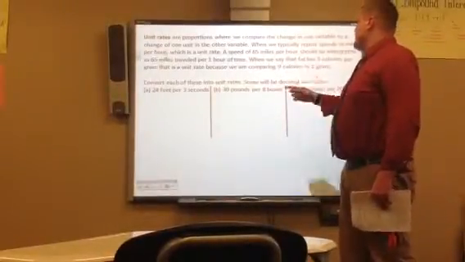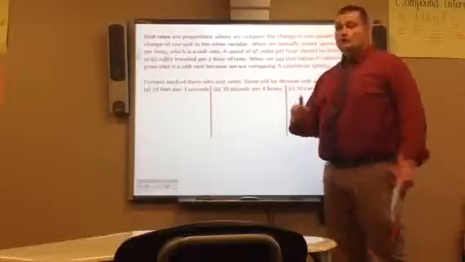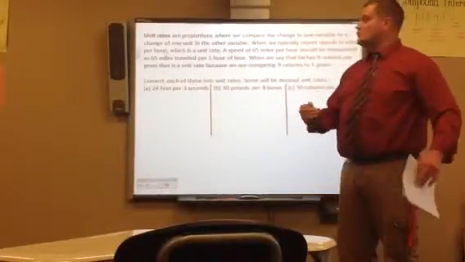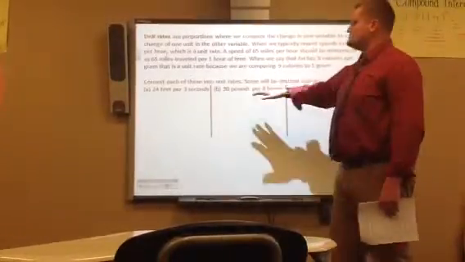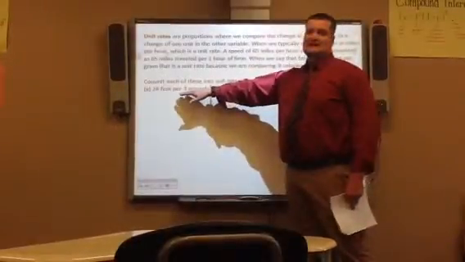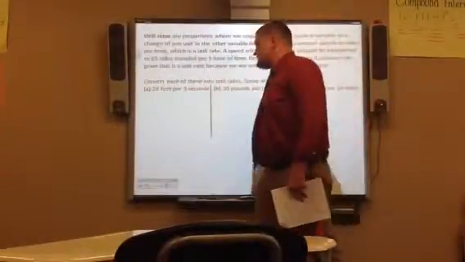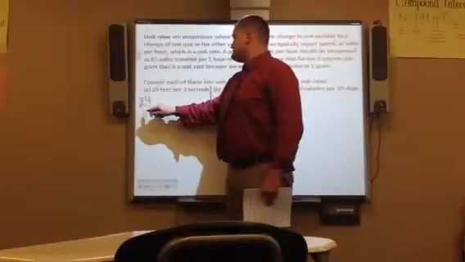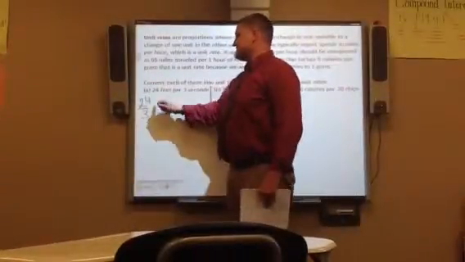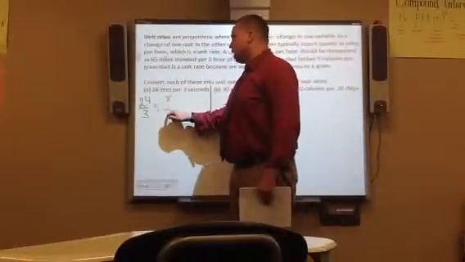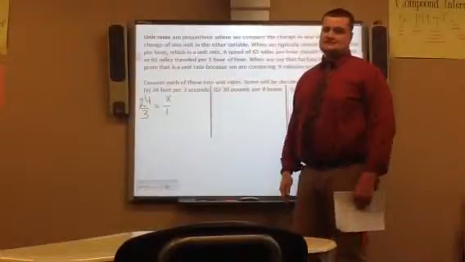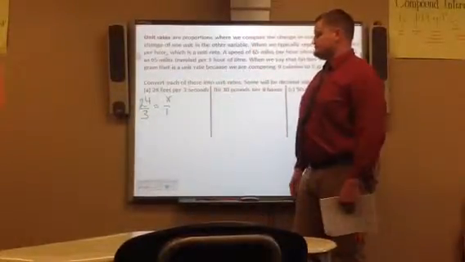So when you say the fat has 6 calories per gram, it means it's 6 calories in 1 gram. So our goal in finding a unit rate would be to break this down into 1 unit. So if we have 24 feet per 3 seconds, I want to know how many feet would it be in 1 second. So you would solve that.